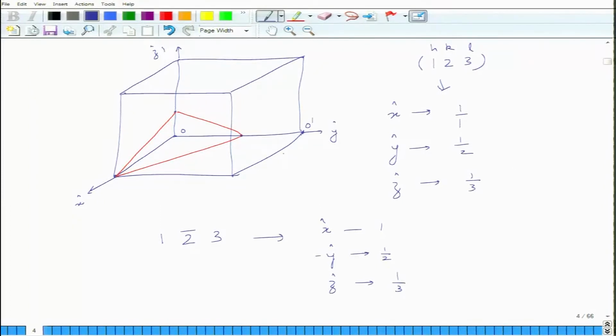So, I can now draw the intercepts. Along the x axis, along the A length of the unit cell, it is at 1, so it is at A, this is at half, and this is at 1/3 somewhere here. If I now connect these 3 points, this is the 1 bar 2 3 plane.